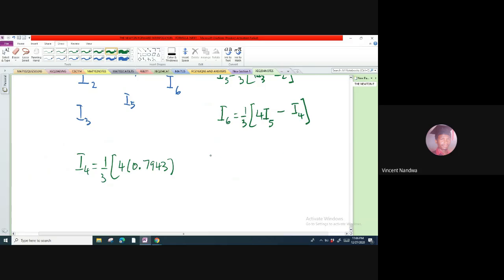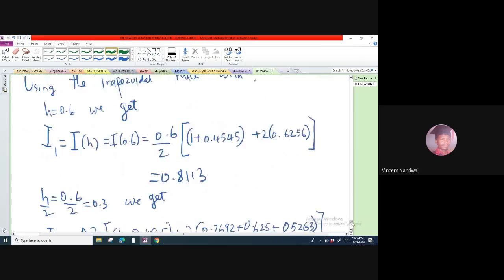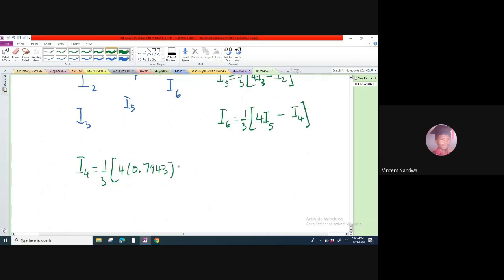So this is our I2, you can see it from here. Minus 0.7943. So this will give you 0.7884.